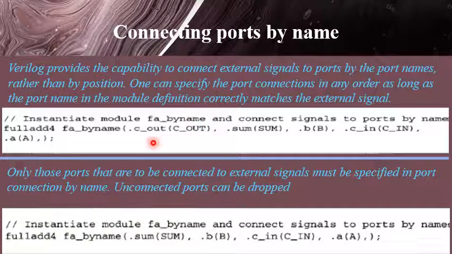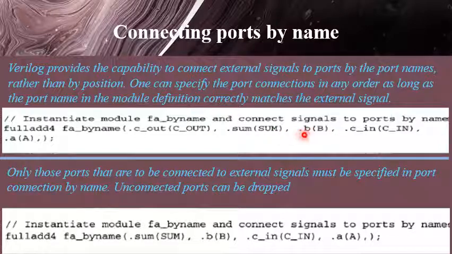That means the cout of the full adder is connected to the Cout of the stimulus block. Then comma, dot sum. So the sum port by name sum of the full adder should be connected to the external signal, capital letter Sum, uppercase Sum. Similarly, see here order we have changed. We have not written A, B and Cin in order.